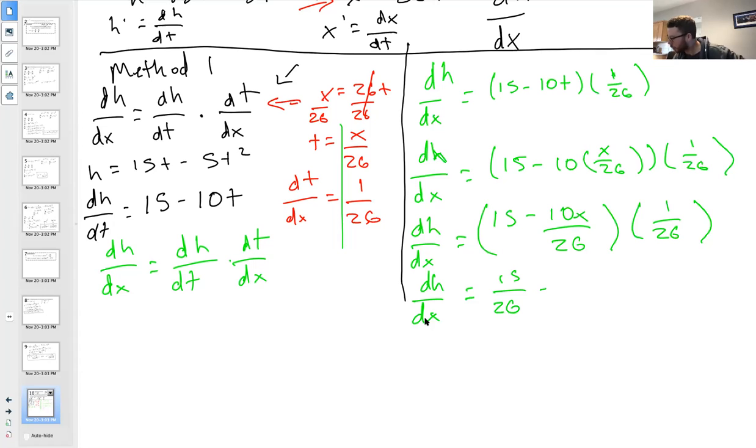And 10x over 26 multiplied by 1 over 26 will give us 10x over 676. And we can actually reduce that one more. If we reduce our fraction here, dividing it by 2, we'll get 5x over 338.